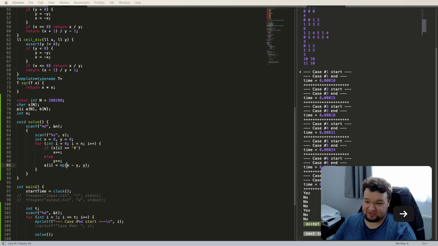So I'm storing x minus y and y. So to get x, I need to take the sum of those. And I'm storing it like this because I need to sort by the difference.